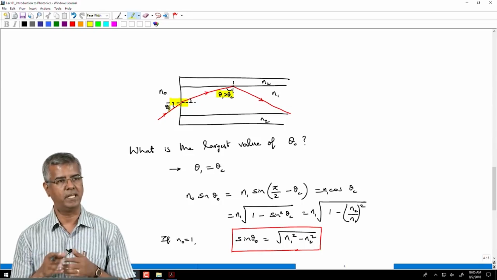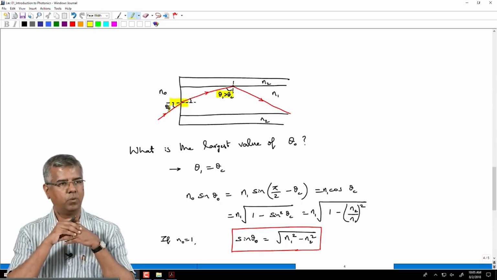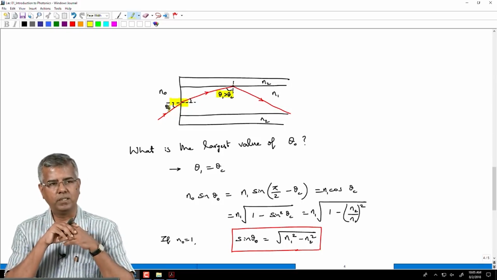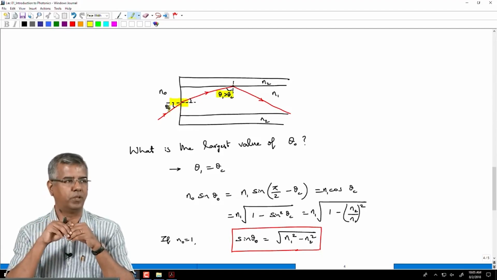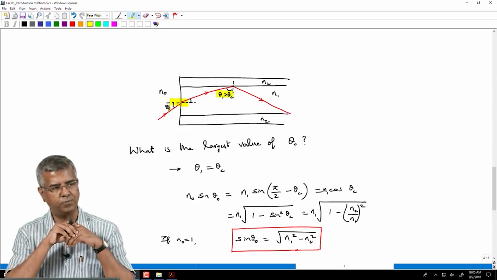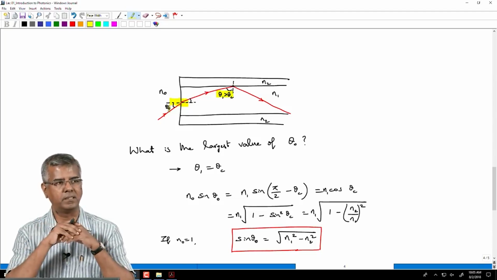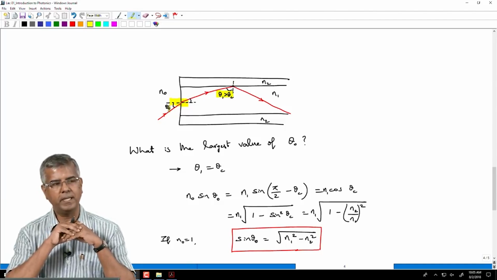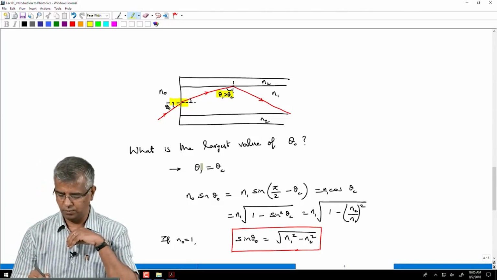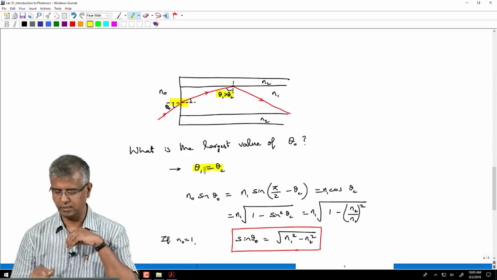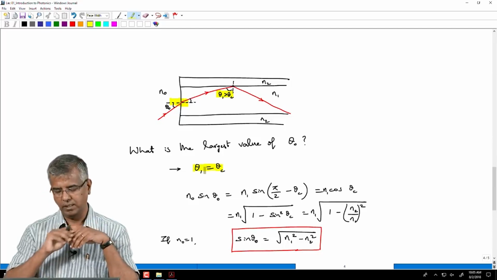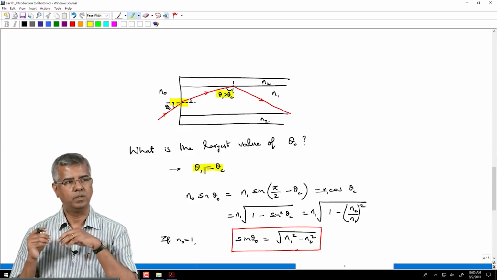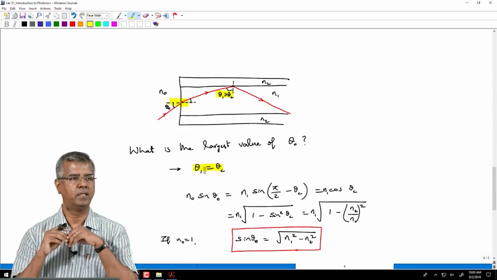Okay, you can apply Snell's law over here, and what we are actually trying to find out is the maximum angle which can be supported at this interface, such that the light is guided through the structure, right. So the limiting condition for such guiding is theta 1 equal to theta c. Why? Because we clearly need to have this angle satisfied.